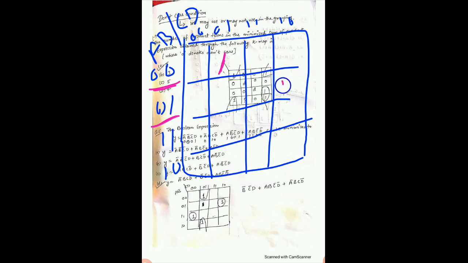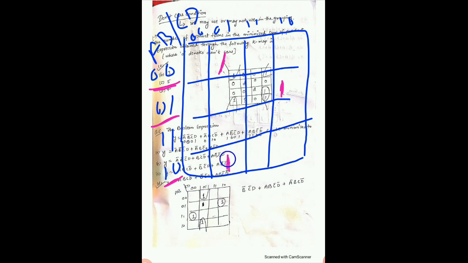Here we can write A and B, and here we can write CD, with 00, 01, 11, 10 and 00, 01, 11, 10.